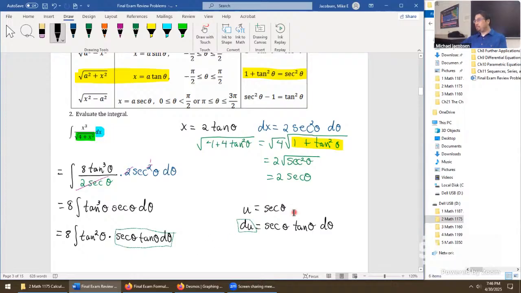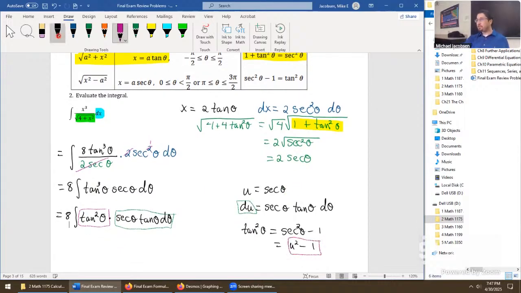Tangent has to be written in terms of secant, but the recipe is right here. Just rearrange the equation: tangent squared theta is secant squared theta minus 1. So this whole part is secant squared minus 1, but let's do even better. That means it's u squared minus 1, going with the original u substitution from the very top.